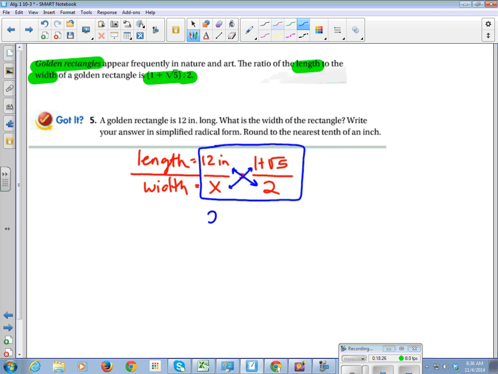So I've got 12 times 2 is 24, and x times 1 plus root 5. I'm solving for x, so I have to divide both sides by 1 plus root 5.